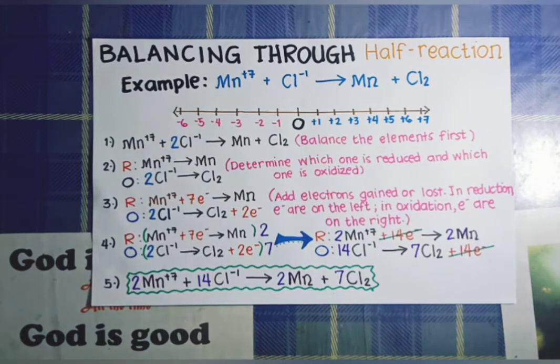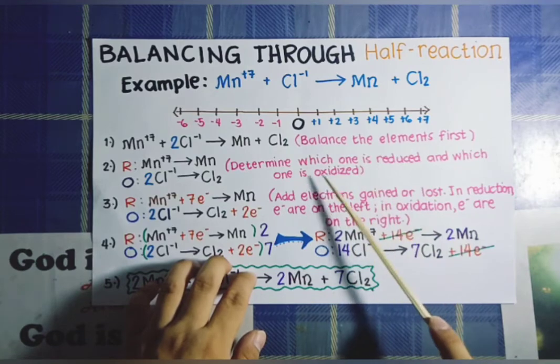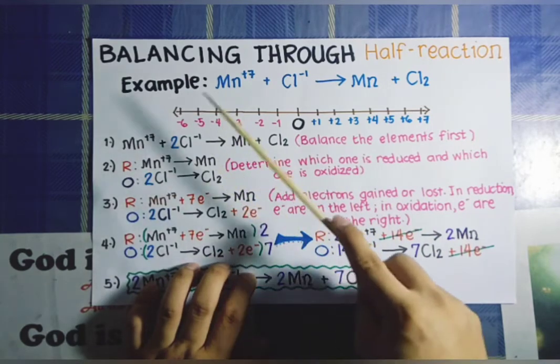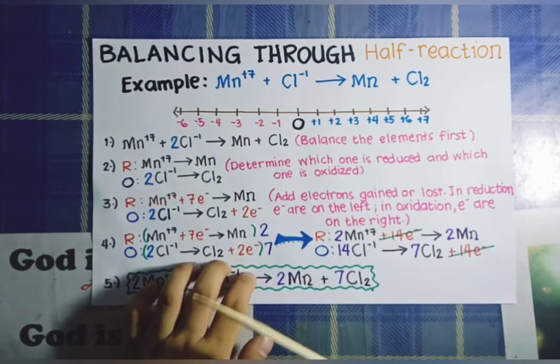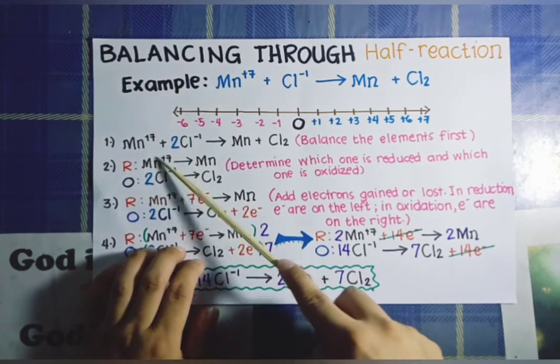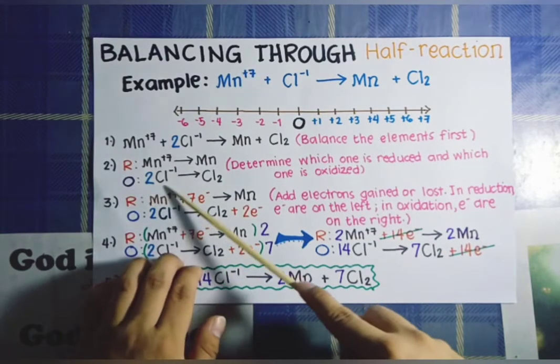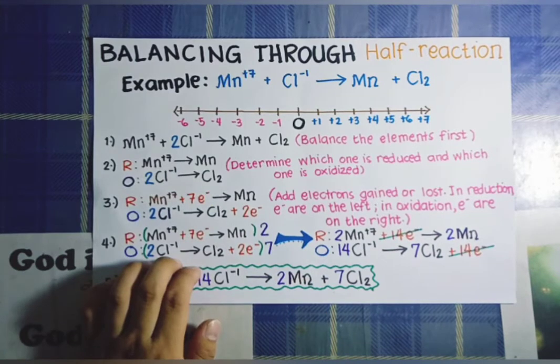Now, the second thing that we should do is to determine which one is reduced and which one is oxidized. For this reaction, the one that is actually reduced or that underwent reduction is the manganese with a charge of positive 7. And the one that underwent oxidation or is oxidized is the chloride ion with a charge of -1.